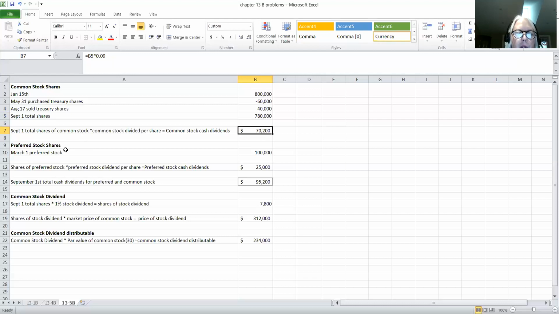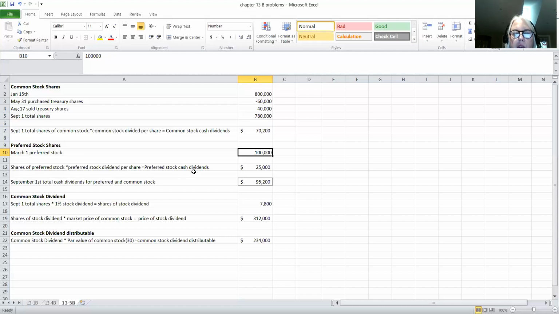For preferred stock, we need to know how many shares of preferred stock we had. The amount was given to us as of March the 1st. The preferred shares issued and outstanding were 100,000 shares. We take these 100,000 shares of preferred stock and multiply them by the preferred stock dividend per share that was given in Cengage.